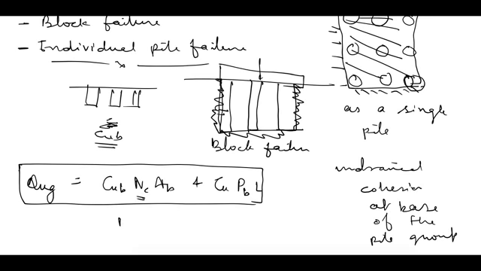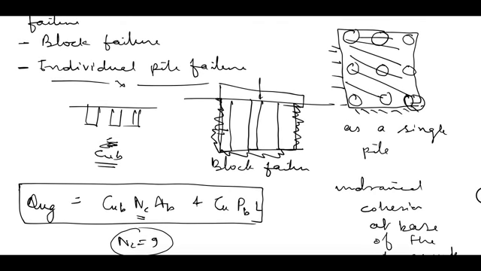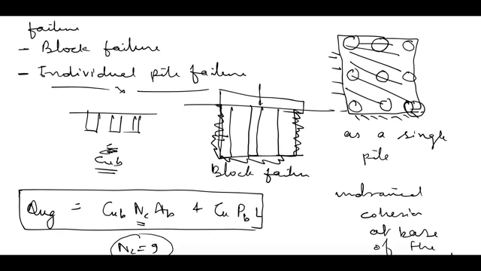Nc is given as 9 because we use the Skempton's parameters. Ab is the area of base. Now what will be the area of base for the group? So it will be this area. Now let's say if this spacing here is S, so this length will be, here also one pile is there, so this spacing is S, this spacing is S, this part is D by 2 and this part is also D by 2.